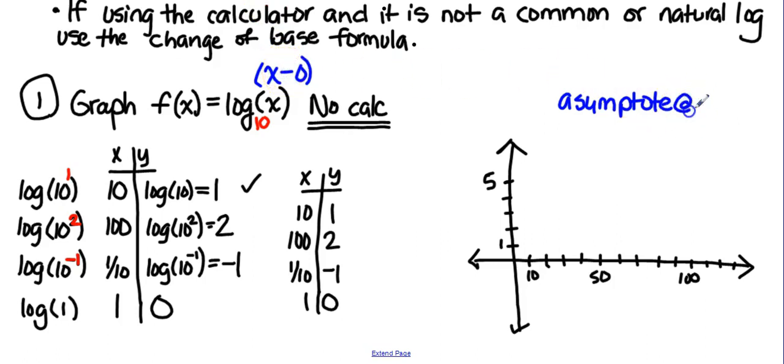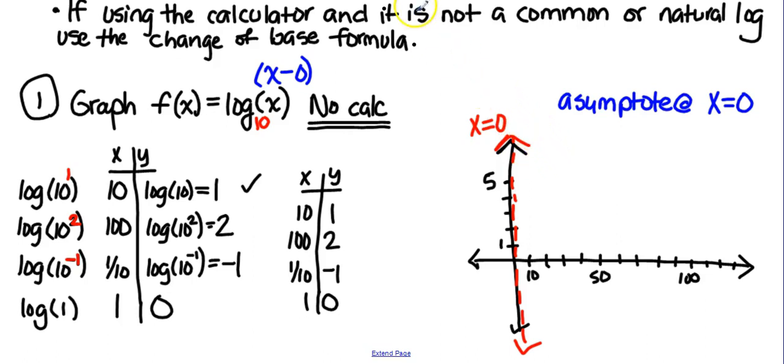The asymptote will be at x equals 0. If you have your highlighter, maybe use it to do your dashed line right on the y-axis so it stands out. It'd be nice if we label that x equals 0.